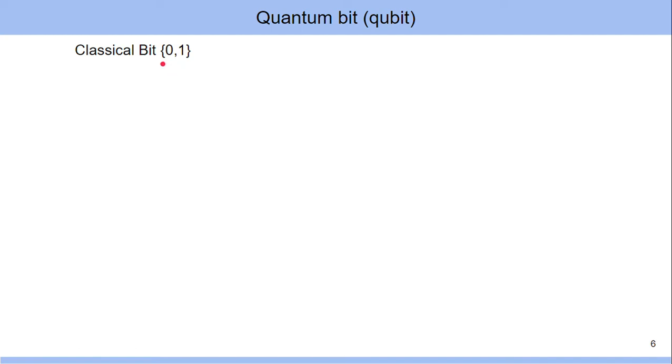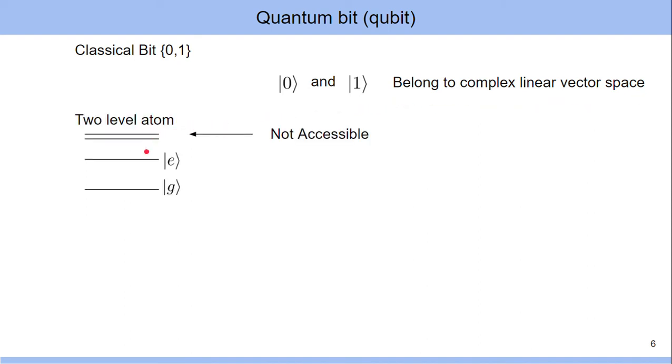These zeros and ones are known as the bit, or in this case, the classical bit. A qubit, similarly, is composed of the states ket0 and ket1, which belong to the complex linear vector space. Physically, one can think of a qubit as a two-level atom being composed of the ground and excited state, where the ground state corresponds to ket0 and the excited state to ket1.